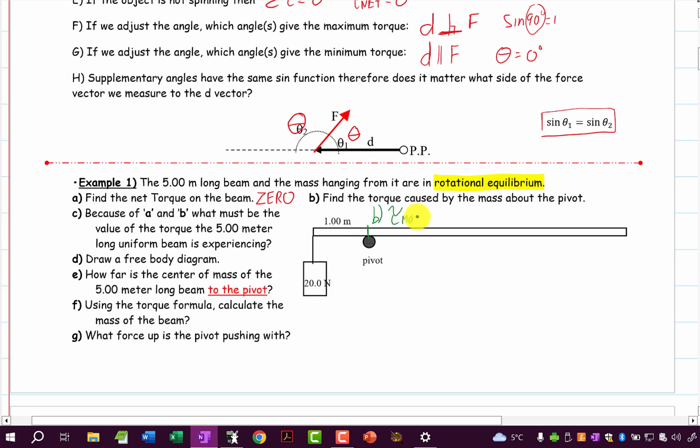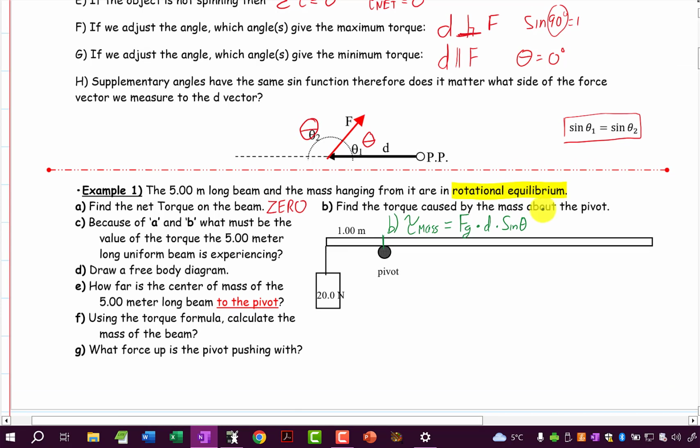The torque caused by the mass, tau mass, is equal to the force of gravity times the distance times the sine of the angle. That's the torque formula. In this case, the angle is 90 degrees, so that goes to 1.